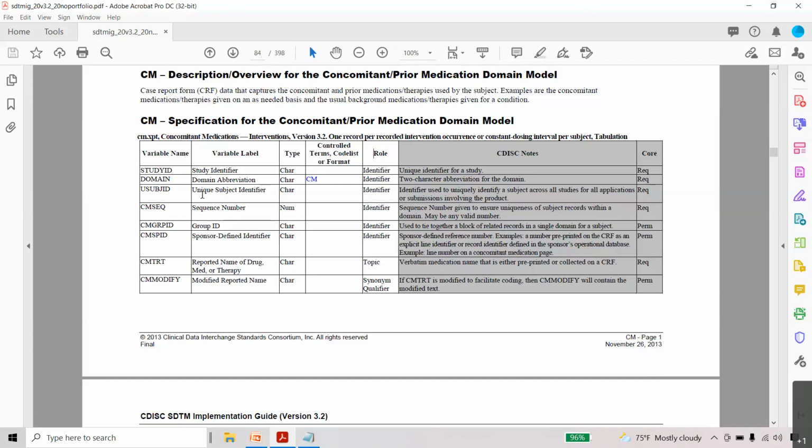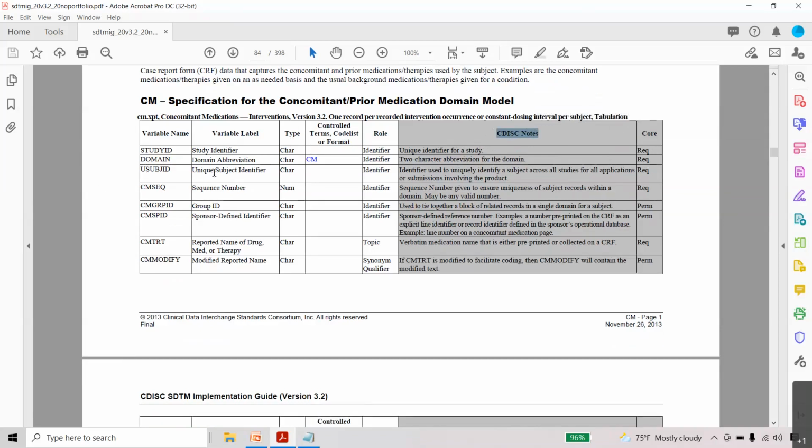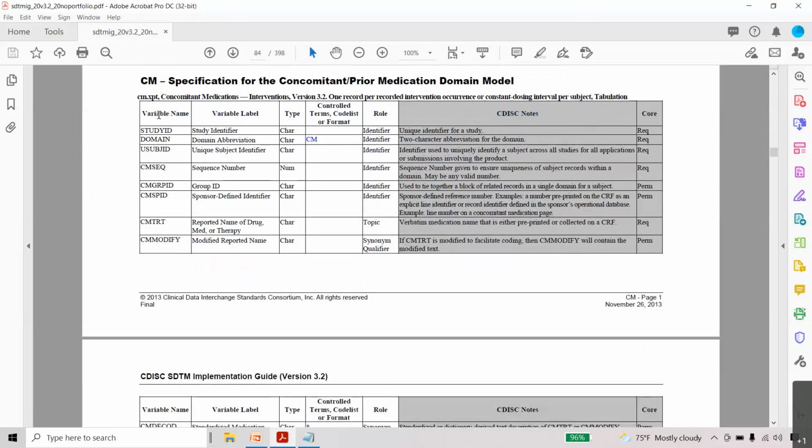As I said earlier, the SDTM tabular structure given in the SDTM IG is almost similar to an Excel sheet or spreadsheet when you work in a company or organization. In the Excel sheet, instead of the notes, you see the derivation for a particular variable. The standard remains the same: variable name, label, type, controlled terminology or codelist, role, and derivation.